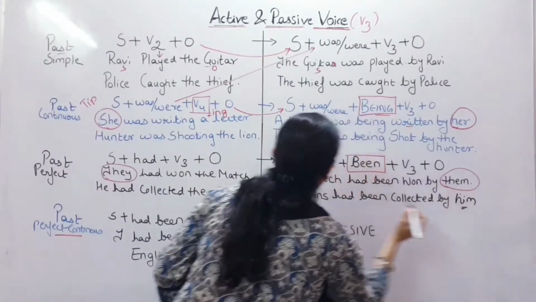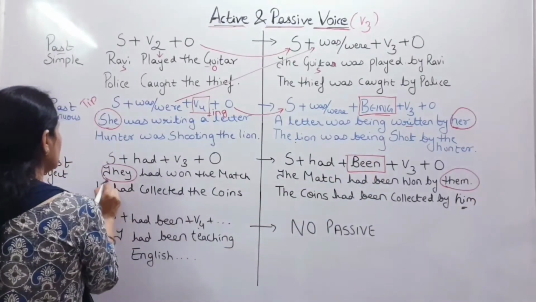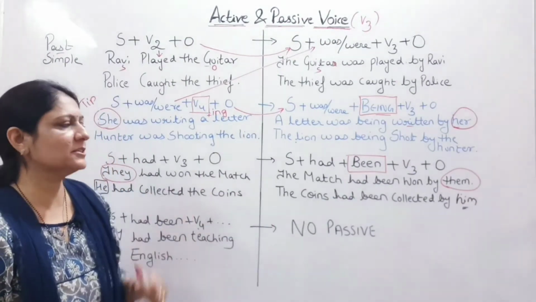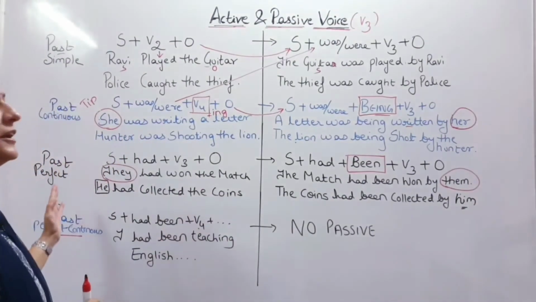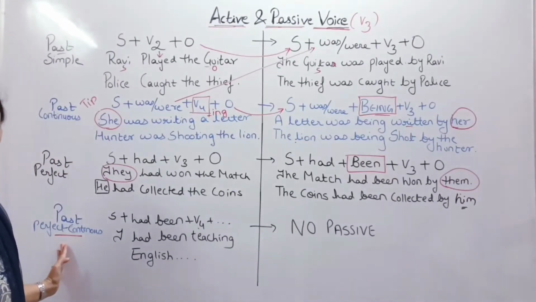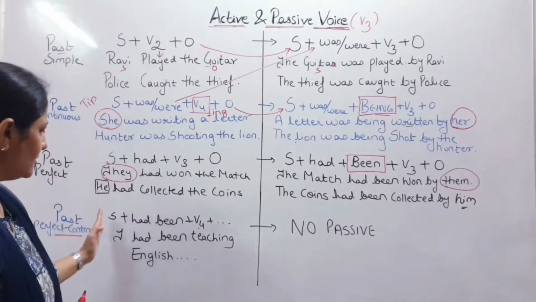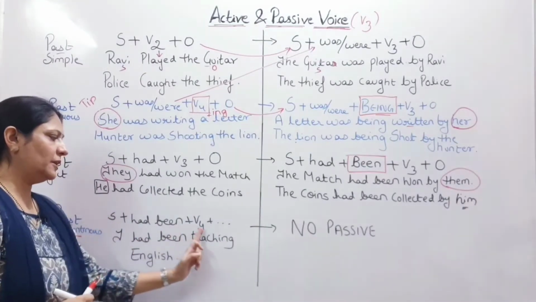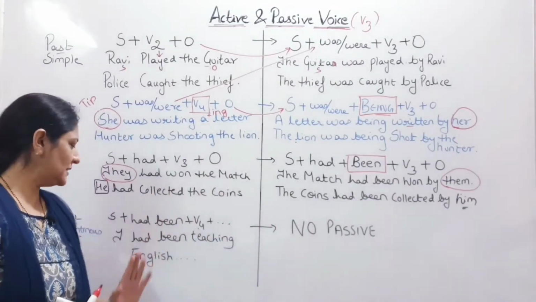Why? Because the subject was he over here, which will change into him in the passive voice of the perfect tense. Now coming to the last tense, past perfect continuous tense. The formula which we had already studied, subject plus had been plus V4 plus the sentence.